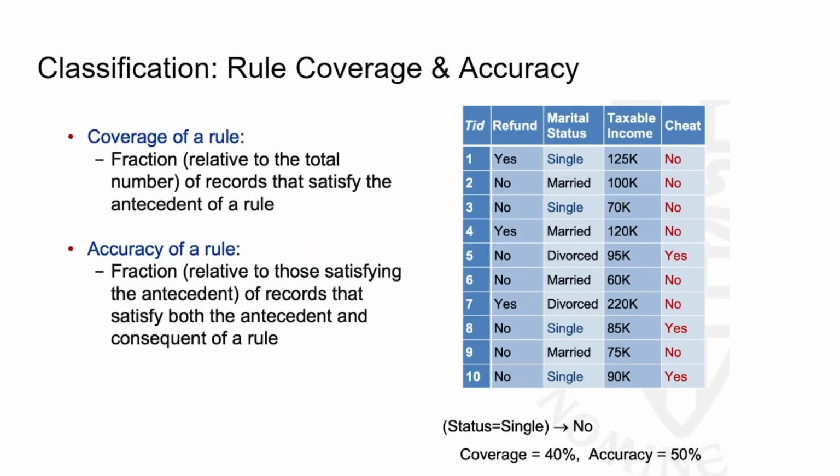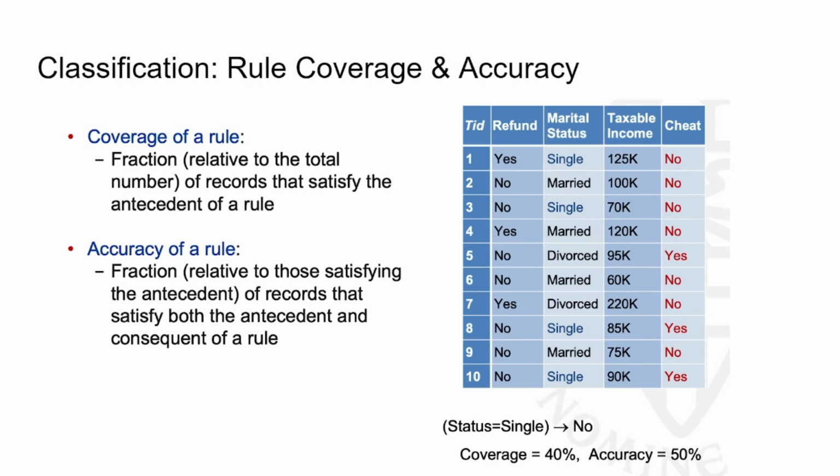You also have coverage and accuracy. The coverage of when somebody is single, that is, no, is basically 40%. So basically, the amount of data where the status is single is 40%, because out of those 10 data points, 4 of them are single.